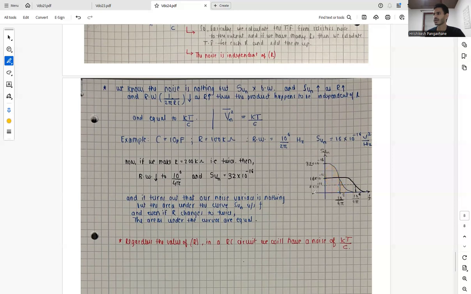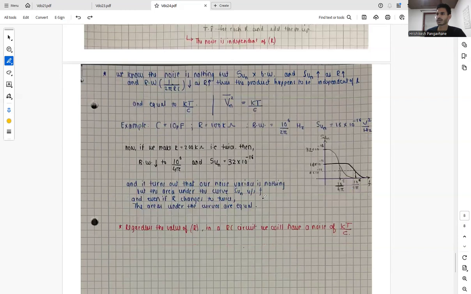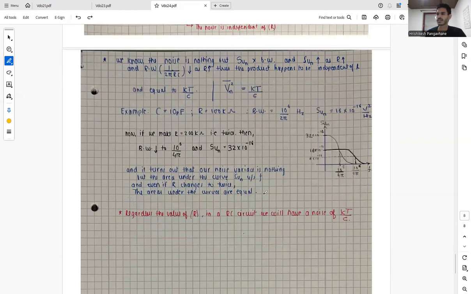So it turns out that even if R changes to twice its value, the areas under the curves are equal. So the area under this curve is equal to the area under this curve. So basically, regardless of the value of the resistor in an RC circuit, we will have a noise of kT by C.